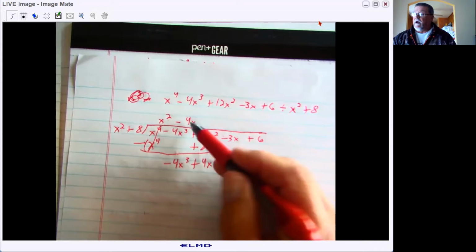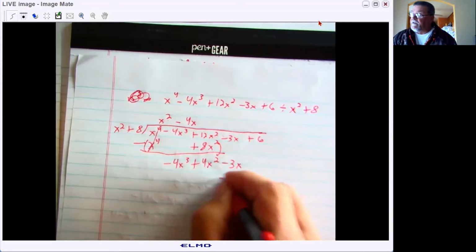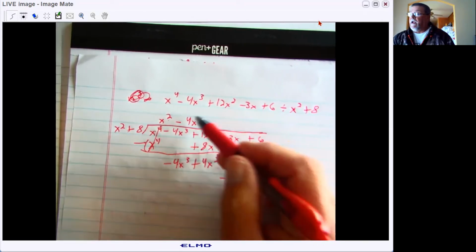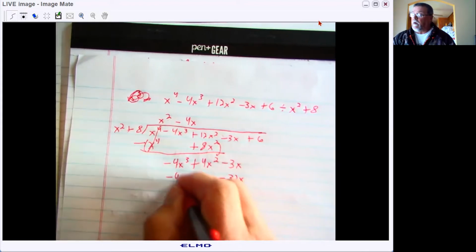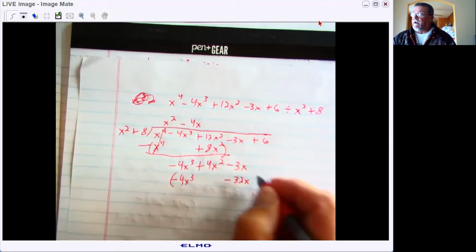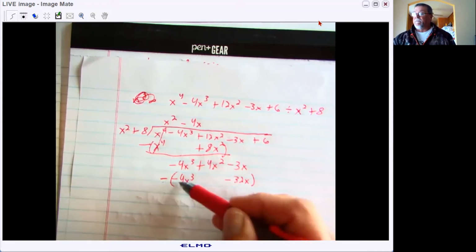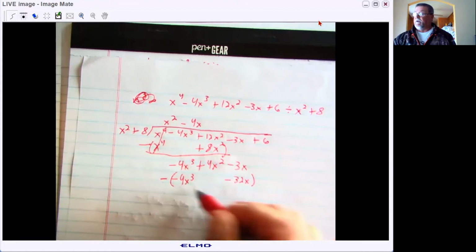So now I multiply negative 4x times 8 will give me minus 32x, right? And negative 4x times x squared will give me minus 4x cubed. And again, put it in parentheses and subtract. Minus and minus is plus, so I got negative 4x cubed plus 4x cubed.